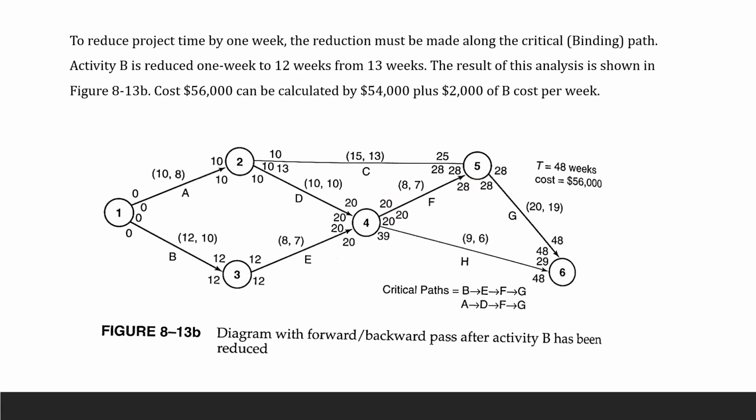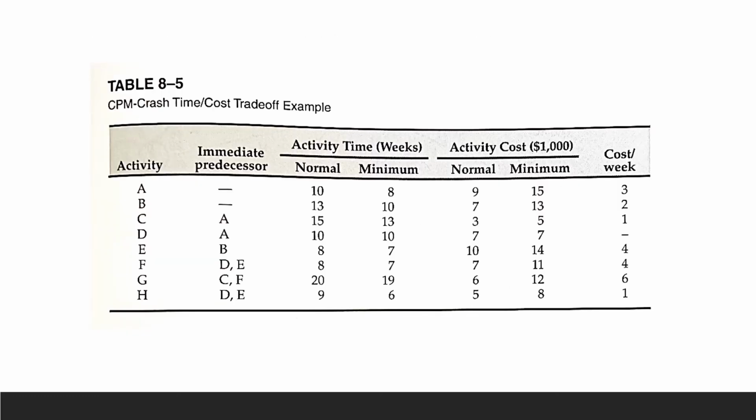So we're done with 48 weeks. Let's go to another one. Come back here. So here we're targeting B, reduce 1 week. The cost per week is going to be $2,000, and we're going to give that $2,000 to the people on that project. And then we're going to save 1 week.